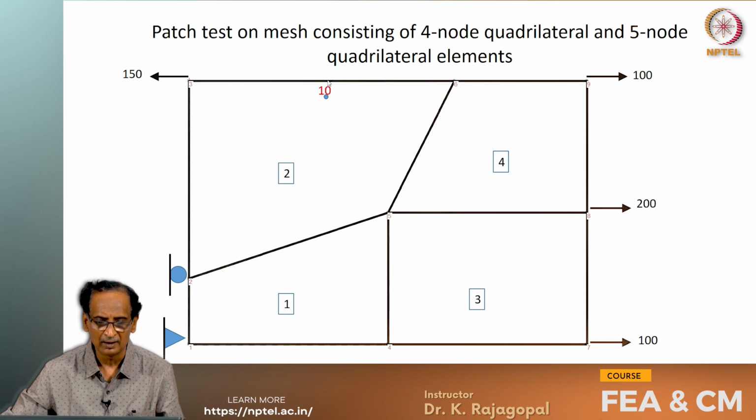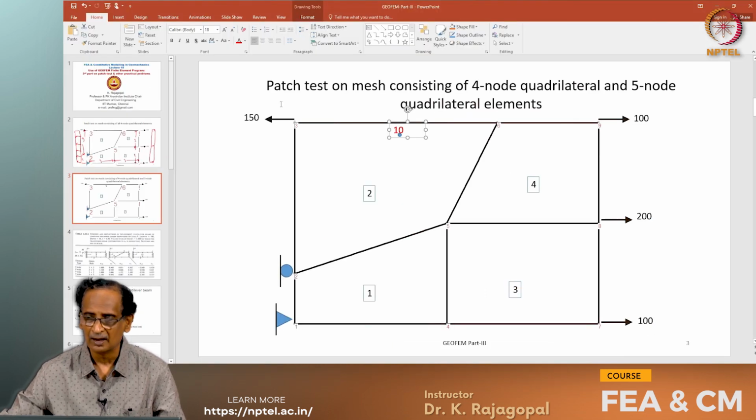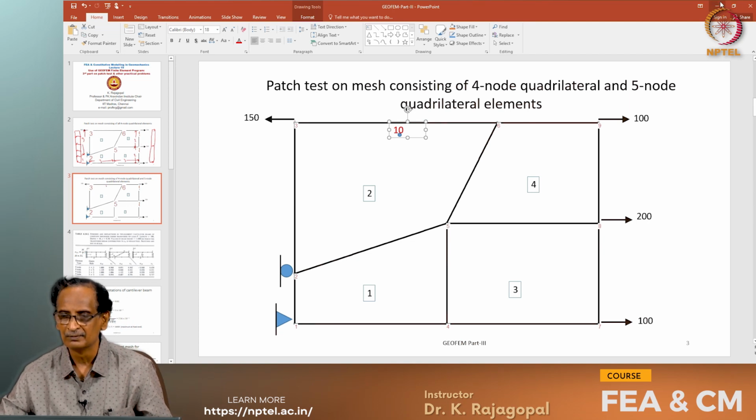I have introduced another node 10, and then this will be a 5 node element. The nodes are defined as 6, 3, 2, 5 and 10, and that we will see in the GEOFEM program. And here also we have this loading of 100, 200, 100, then 150. And now let us see how we do this in the program.